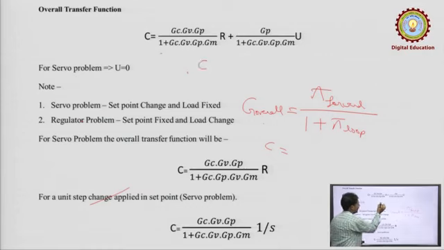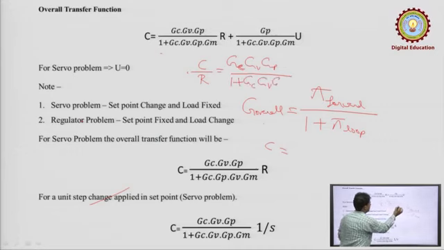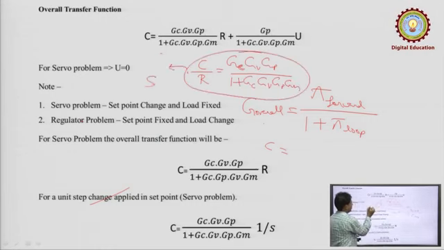If I get it individually for the servo problem and the regulator problem, then for the servo problem C by R equals GC, GV, GP upon 1 plus GC, GV, GP, GM.